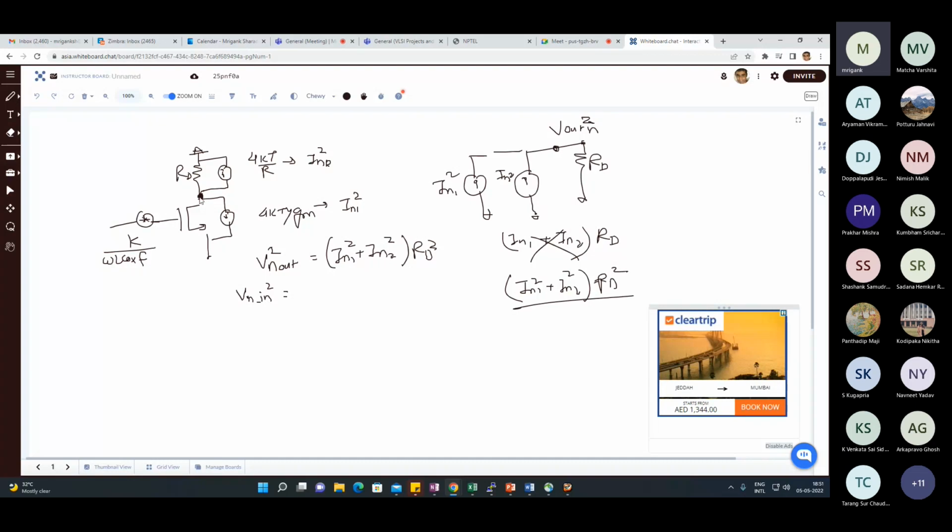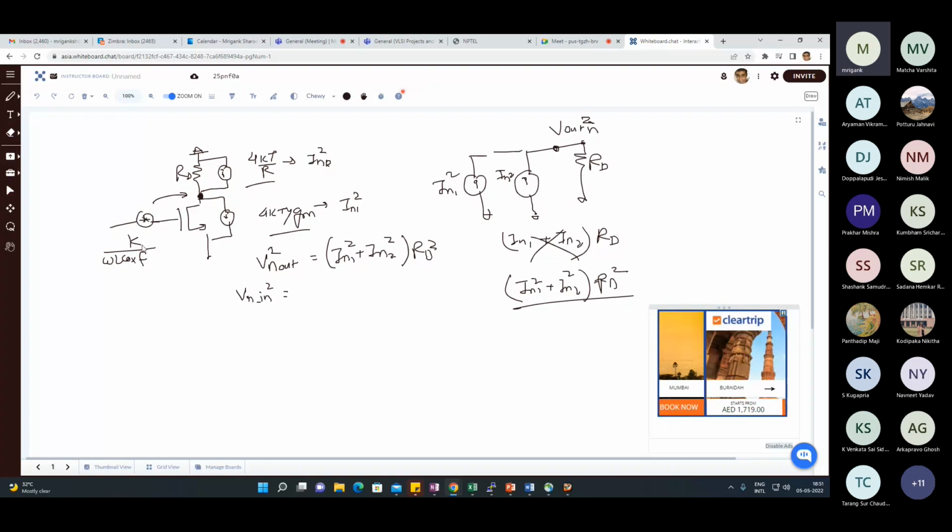We are finding the output noise voltage, which is effectively the noise spectral density of the output noise voltage. These two are frequency independent, and if we combine the effect of this one also to find the output noise, then the contribution of this one you can just multiply by Gm square.